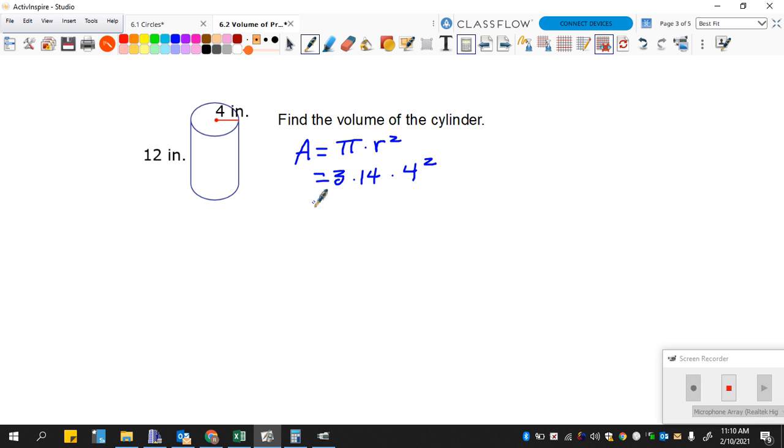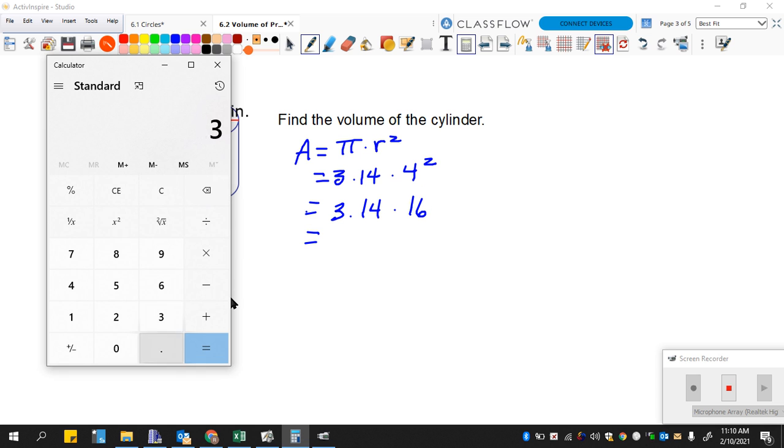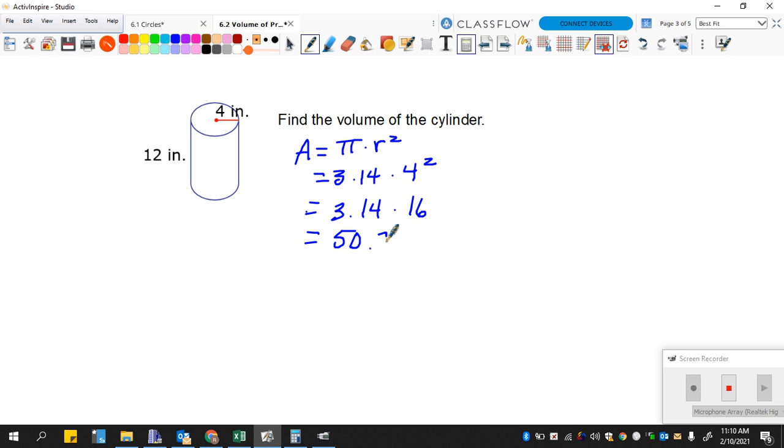Remember, 4 squared is 4 times 4, so that's 3.14 times 16. Make sure you always square the radius before you multiply, otherwise you'll square the whole thing. That gives us 50.24.